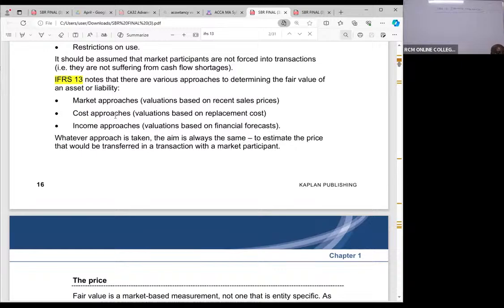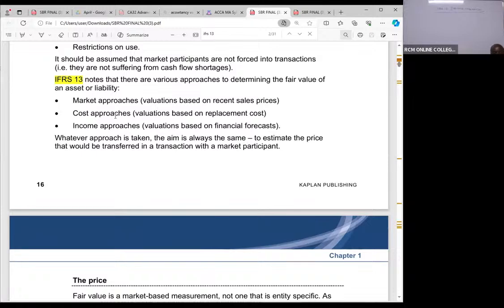The income approach is what I teach you in advanced financial management, where you project incomes. Once you project incomes, you're able to discount them. You say, if this is an apartment that I'm getting 300,000 every month, so per year it is this much, 30 years down the line, then those cash flows, I discount them.